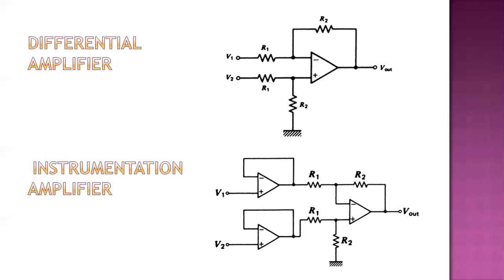Here you can see the basic instrumentation amplifier. Differential amplifiers with high input impedance and low output impedance are given the special name of instrumentation amplifier. They find a host of applications in process measurement systems, principally as the initial stage of amplification for bridge circuits.